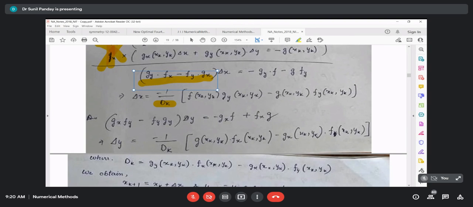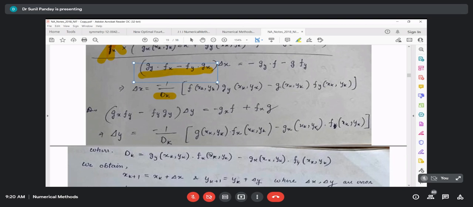Generally we use this term when we have a function of two variables. So dk is gy(xk, yk) fx(xk, yk) minus gx(xk, yk) fy(xk, yk). You can see this term and these terms are the same, and then we have taken this to the right side. We have 1 upon dk times f(xk, yk) gy(xk, yk) minus g(xk, yk) fy(xk, yk).